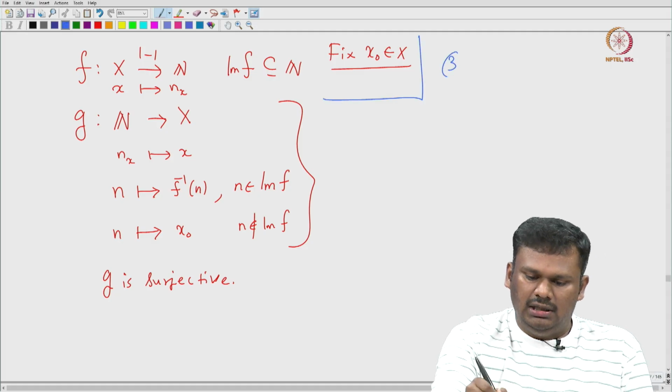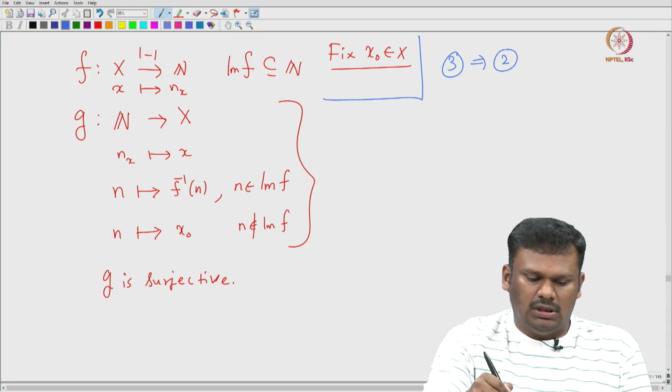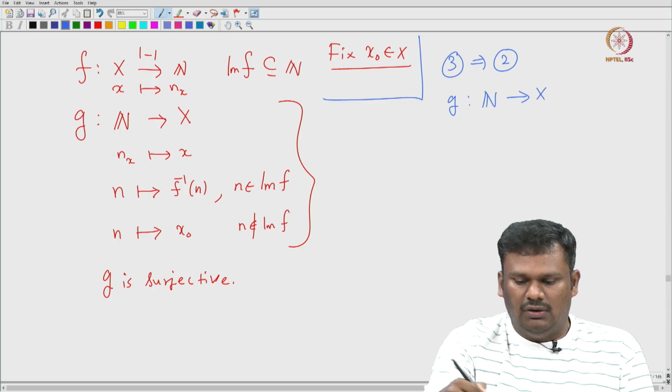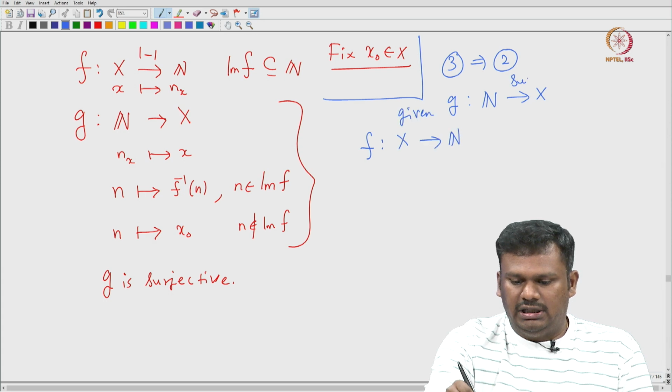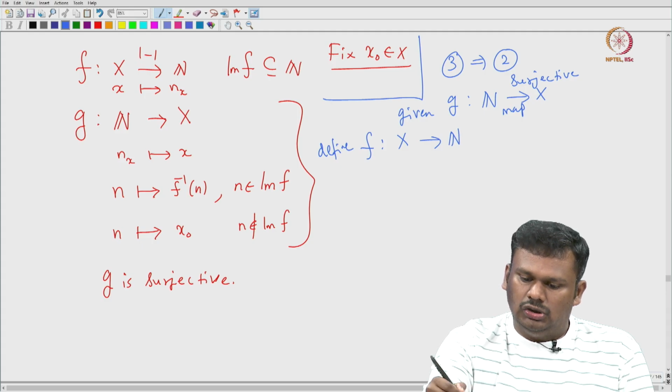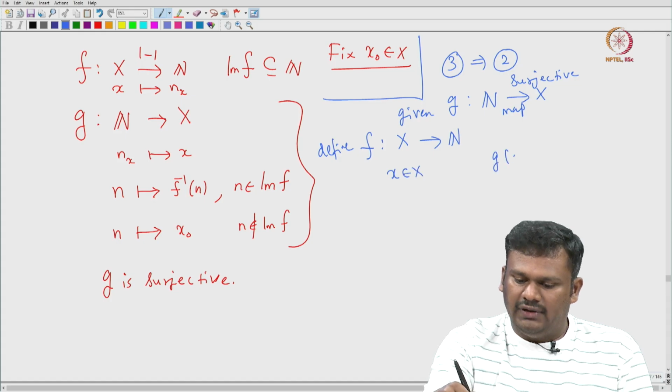Suppose you have a surjective map, let us say g from N to X. Now you can define f from X to N such that: take an element x in X, look at g inverse of x.